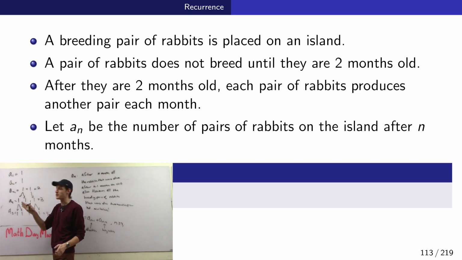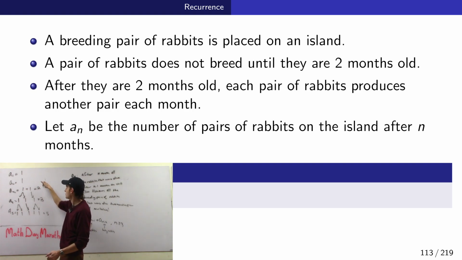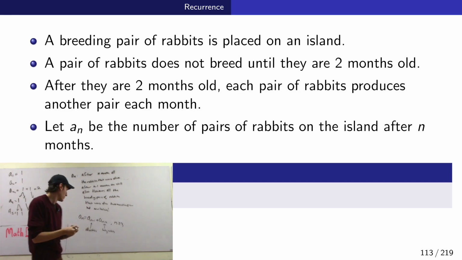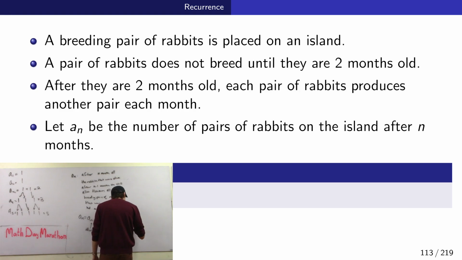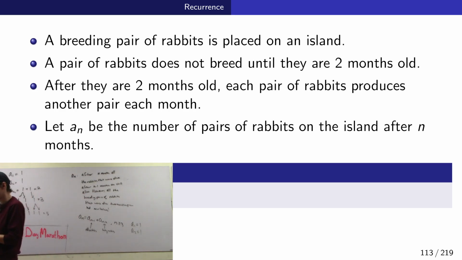So we need to figure out what the first 2 are, and then we can see that this is true. Notice that 2 is equal to 1 plus 1, 3 is equal to 2 plus 1, 5 is equal to 3 plus 2, etc. So again, the recurrence is this relationship, and also a sub 1 equals 1, a sub 2 equals 1.